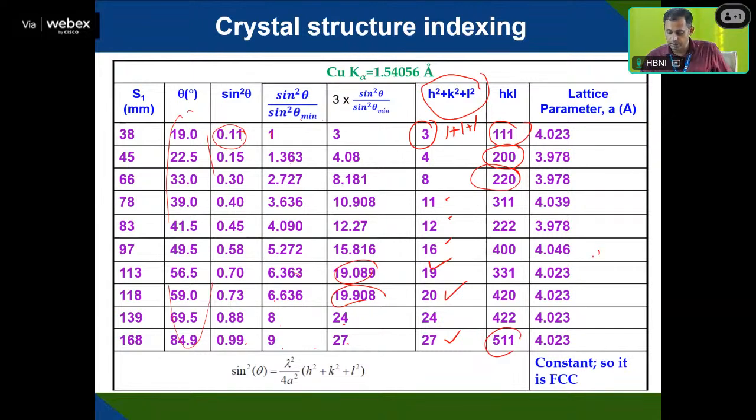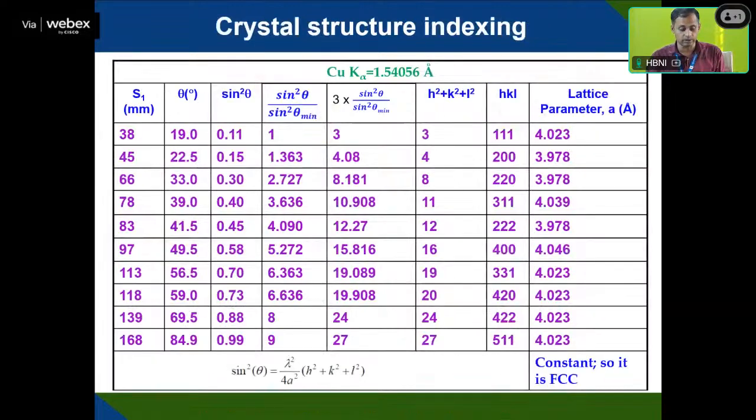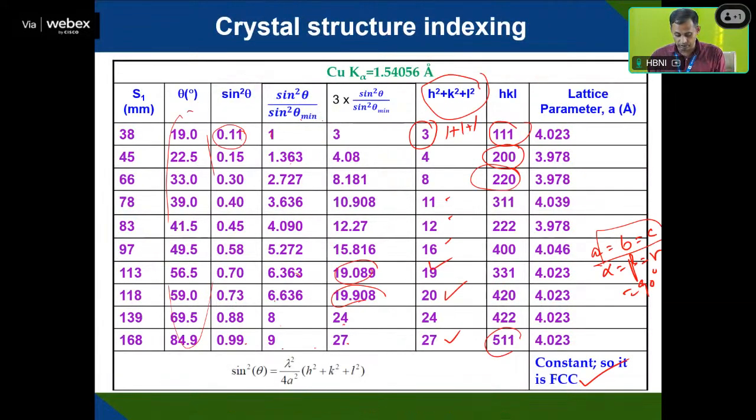As you know, for an FCC structure, a equals b equals c, and alpha equals beta equals gamma equals 90 degrees. Since a, b, c are all equal, the diffraction pattern we formed corresponds to an FCC structure.